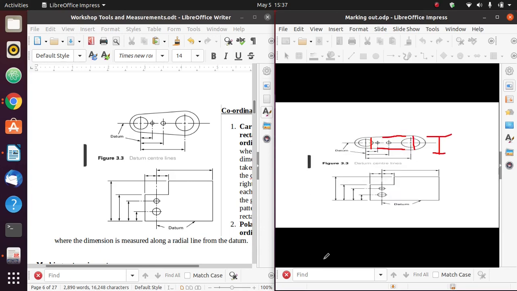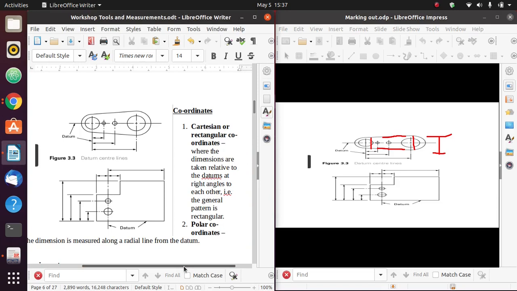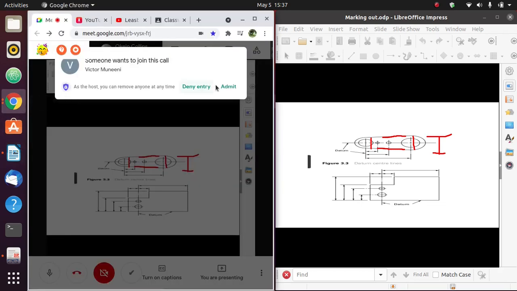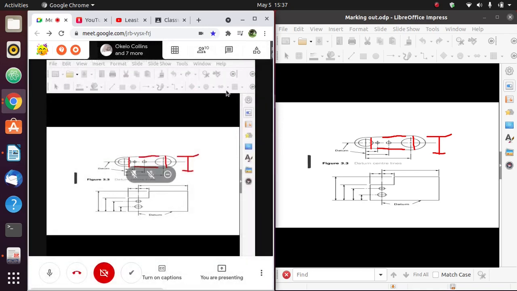Now, there's something I want to mention that I haven't indicated in that presentation. Coordinates. Coordinates are essentially what we use to refer to a specific point. Kama sasa ukienda kwa your internet and you type the coordinate of Mombasa, the coordinate of whatever, it will show you the actual point in terms of latitude and longitude.